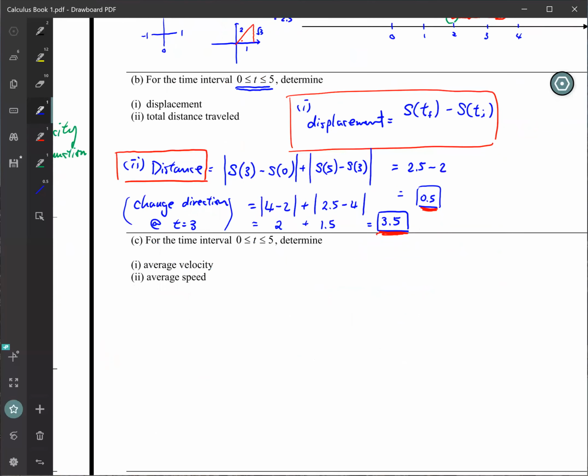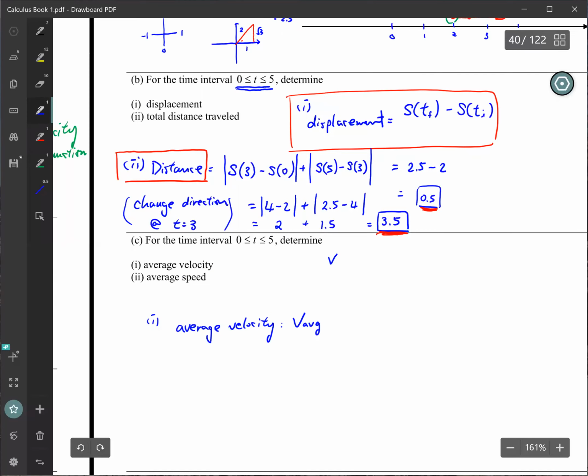So velocity, average velocity. Usually they use the symbol V and then write a little AVG. Okay, if there's only V, we call that instantaneous. That's last week, right? Instantaneous.